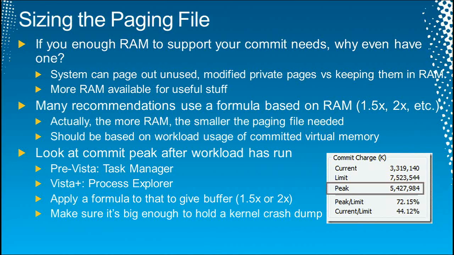It's just taking up space that I could be using to cache file data, because my app is probably accessing files, and I'd rather have those cached in memory than this cold private bytes. So if I create a paging file, Windows can send that stuff out to the paging file, making space in RAM for cached files. So actually, you will hurt performance by having a smaller paging file or no paging file, rather than going the other way.